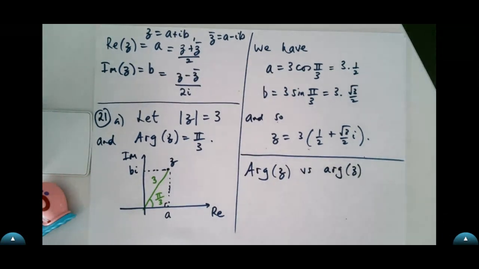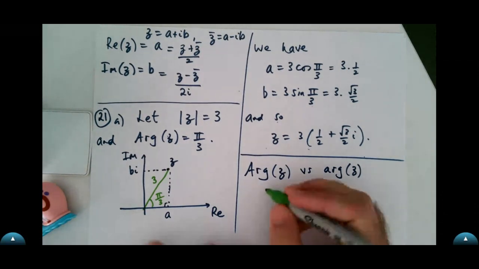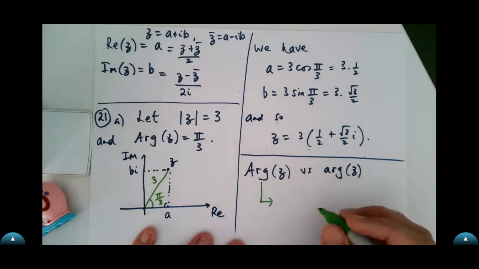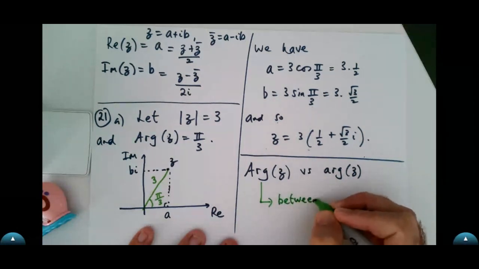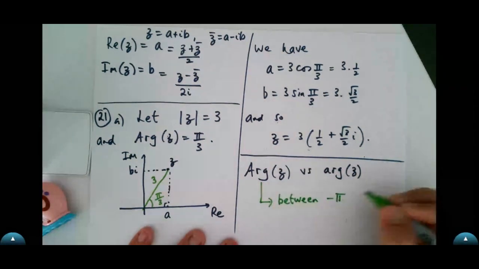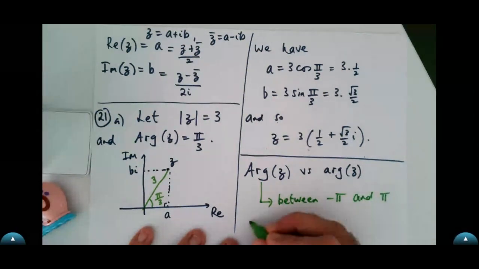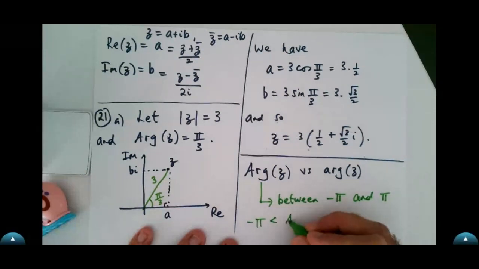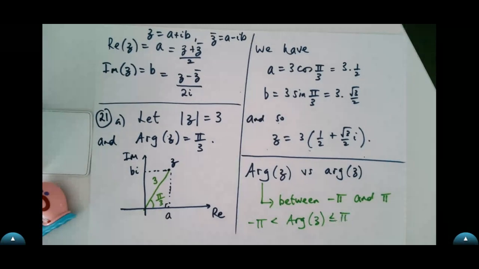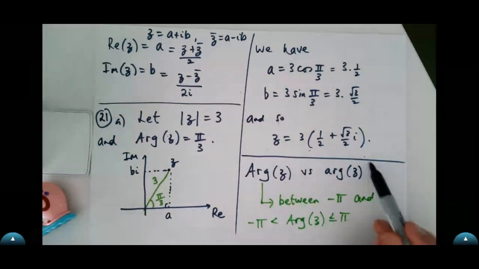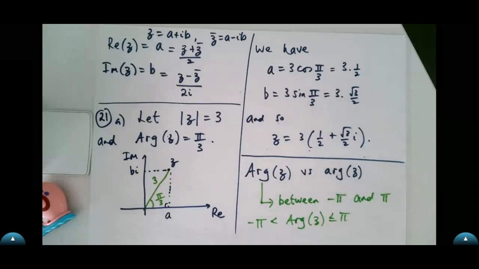Now the most important thing, this is always between negative pi and positive pi. That's probably the most important thing. Whereas this can be any value.